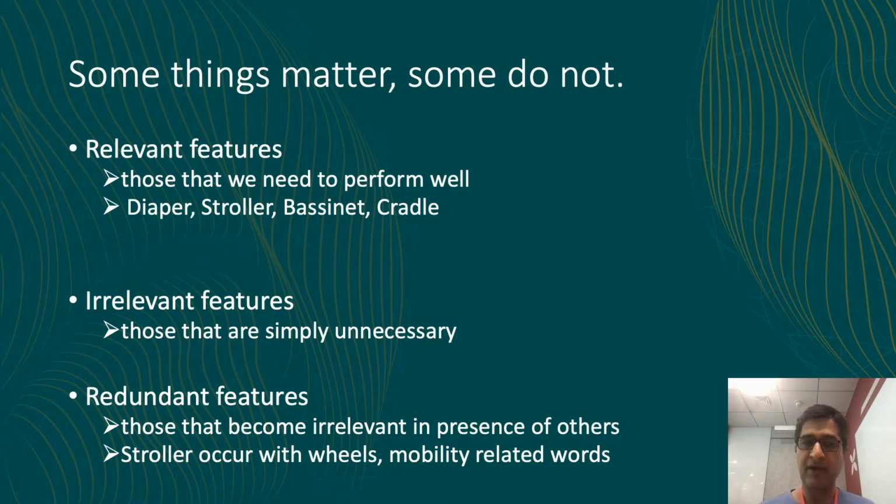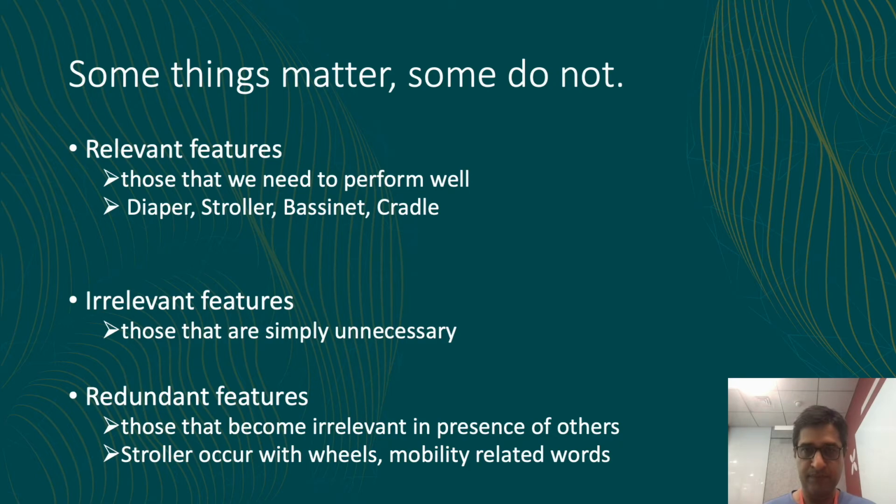Now the stroller may co-occur with terms like wheels or mobility or moving around, right? And then the wheels and mobility related features may not be as relevant to the classification problem.